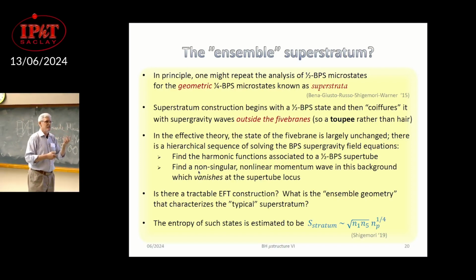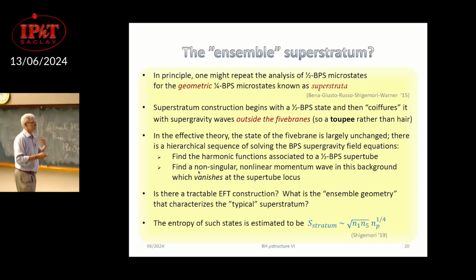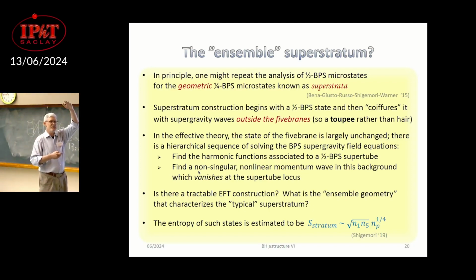And the property that you demand of that supergravity wave is that it's non-singular at the supertube source. In fact, you ask it to vanish at the supertube source. So really what it looks like is that somewhere further up the throat of the geometry, you've added some kind of supergravity momentum wave, which is circulating around in the throat and doesn't really touch where the fibranes are.